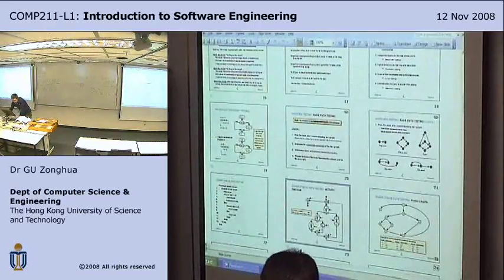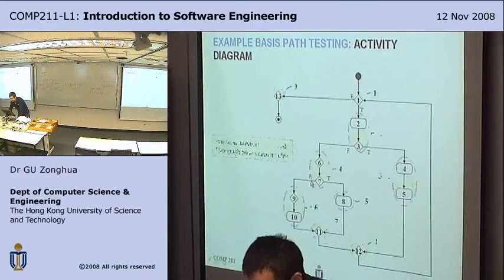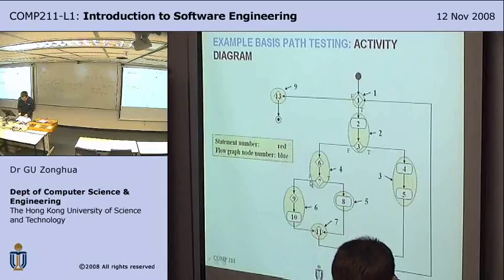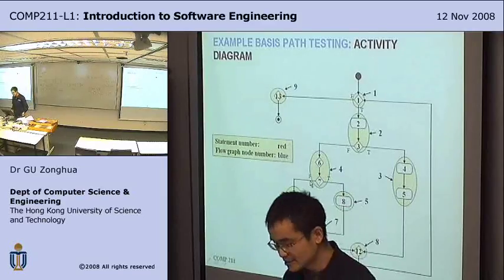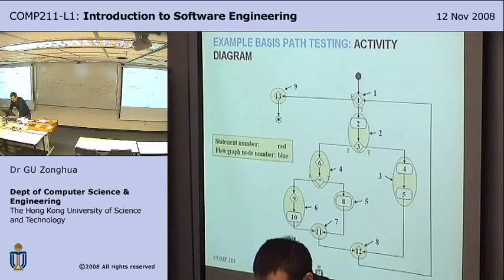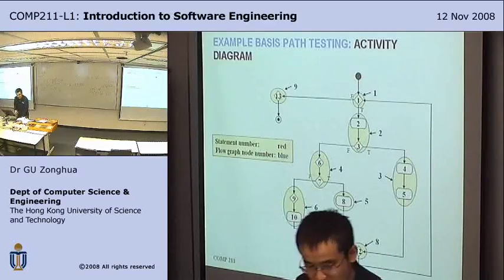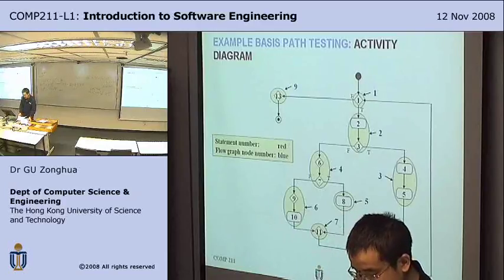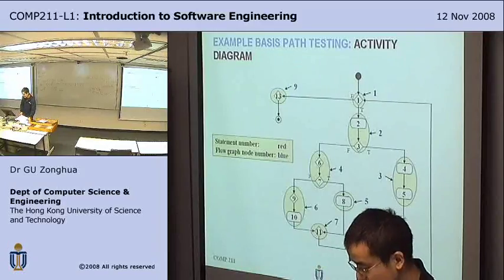The flow graph is obtained by grouping the basic blocks, that is, grouping statements with no internal branches into a single node.